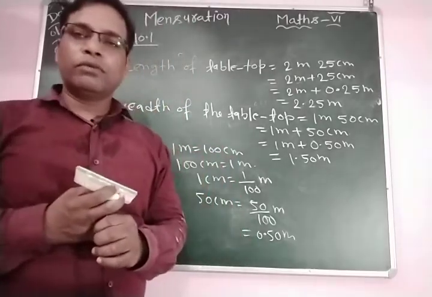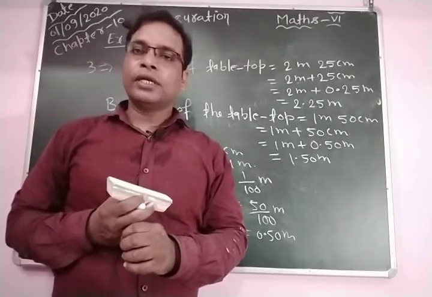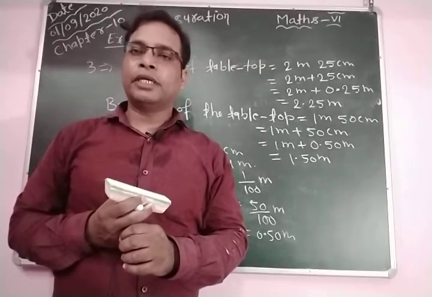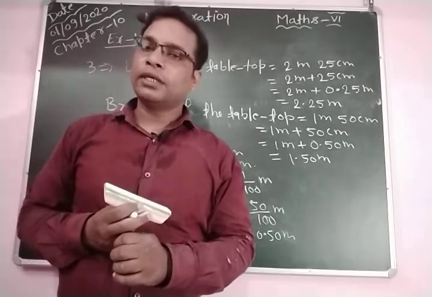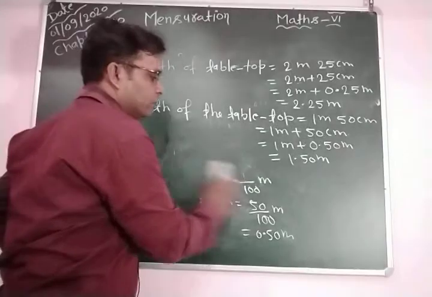Now we need to find the perimeter of the tabletop. The tabletop is in the shape of a rectangle, so we use the formula for the perimeter of a rectangle, 2 into length plus breadth. So let's see how to do it.